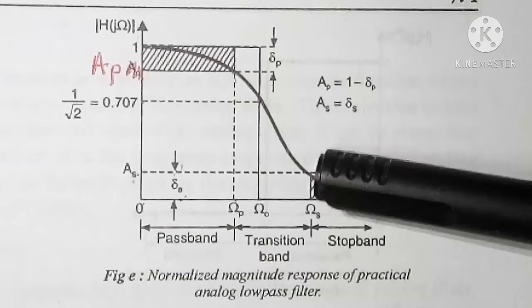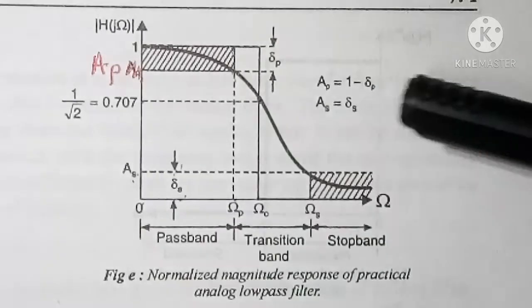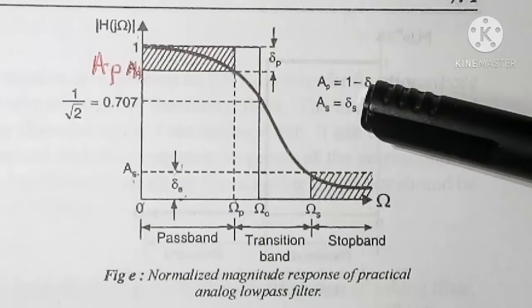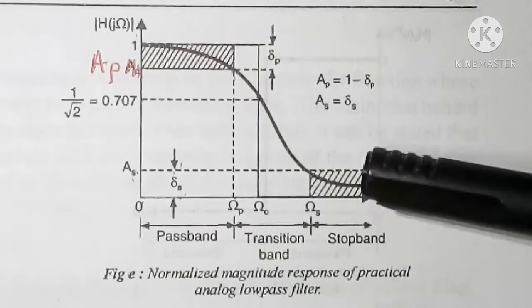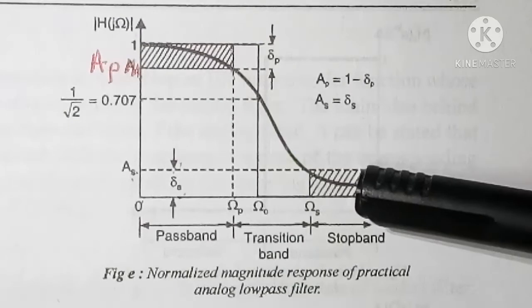At omega s, the magnitude is equal to A s. A s is equal to delta s, where delta s is called the ripple in the stop band.